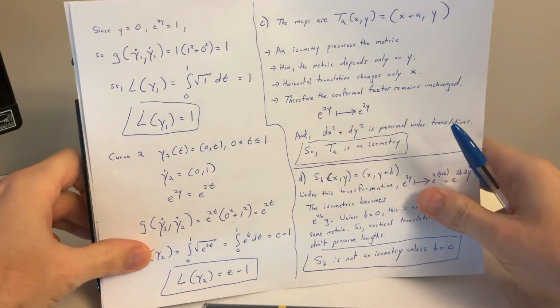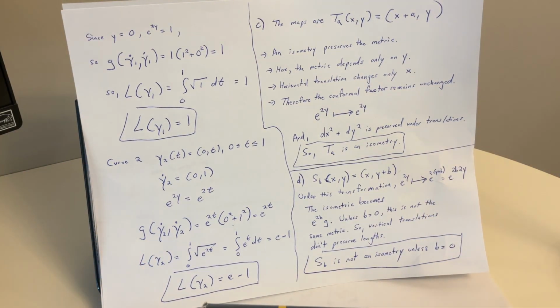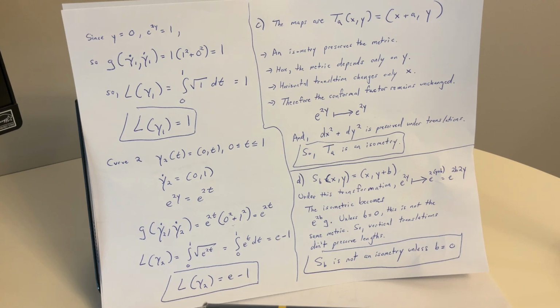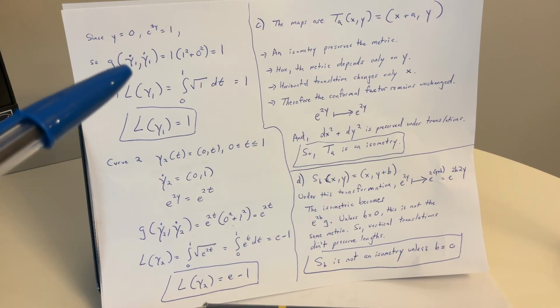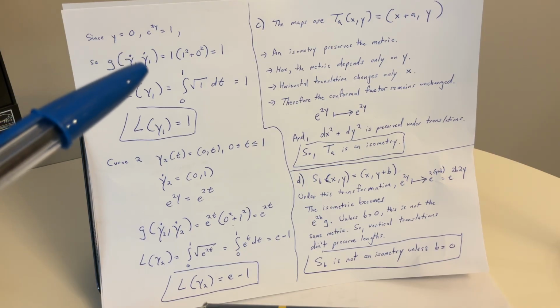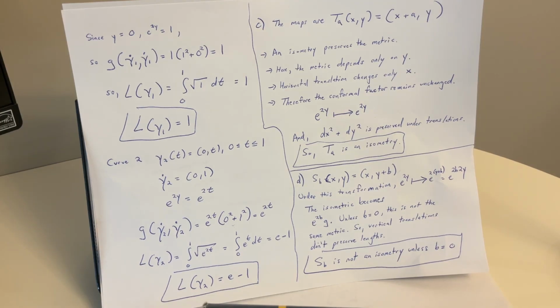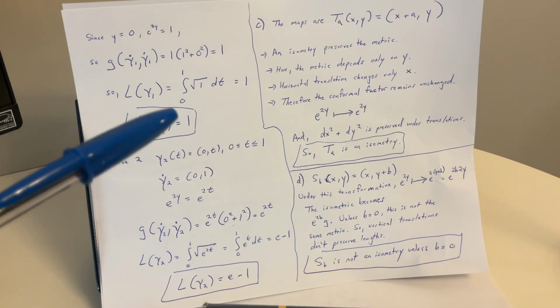Since right here, y equals 0, e to the 2y equals 1. And so, for g of gamma sub 1, gamma dot, substitute, we get 1 times the quantity 1 squared plus 0 squared, we get 1. So we're just going to wind up with L of gamma.